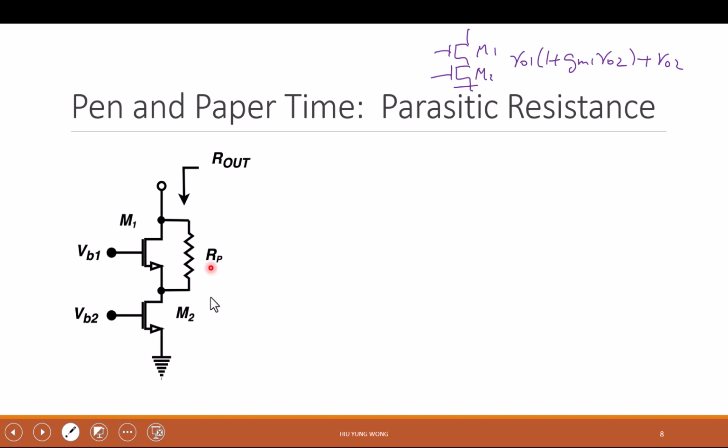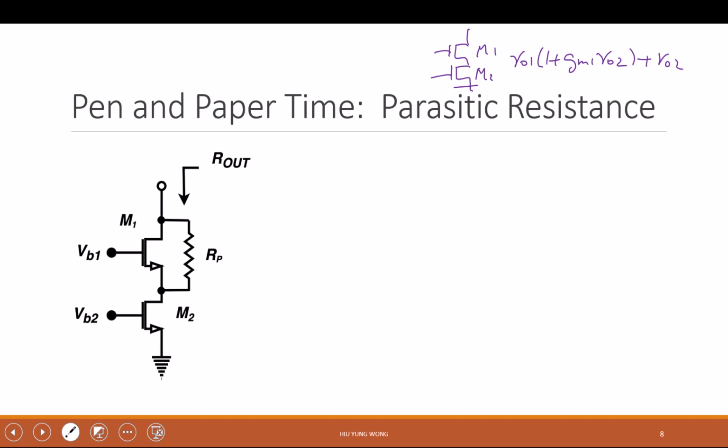So it turns out that it has a parallel resistance RP due to whatever reason, maybe a manufacturing problem. It can be a defect or someone put it deliberately. What would be the output impedance? And you know the trick of this class. I give you 2 minutes, then it means that this one should not require you to solve any small signal model. It must be inspection and then map it to whatever we have learned.